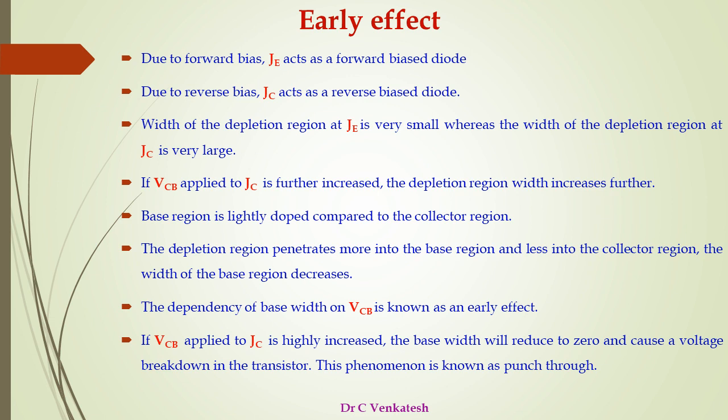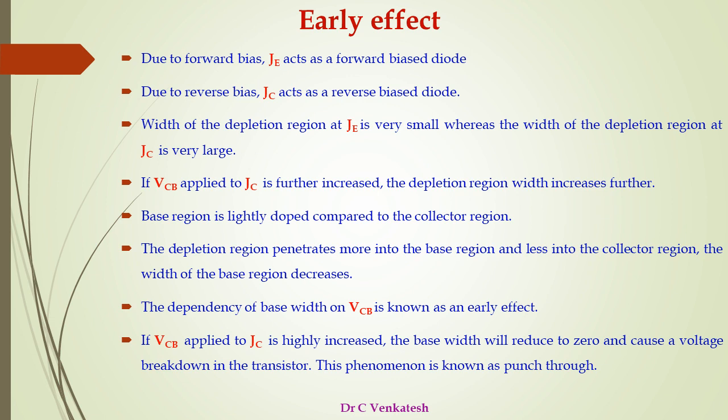If the output voltage VCB applied to the collector-base junction JC is further increased, the depletion region width further increases. The base region is highly doped as compared to the collector region, so the depletion region penetrates more into the base region and less into the collector region.